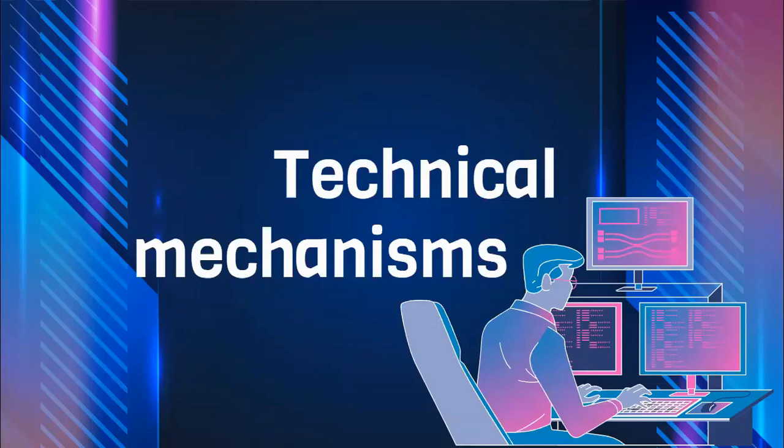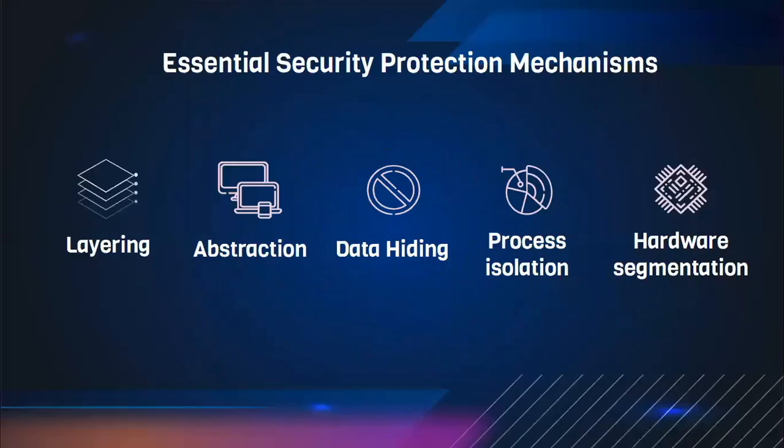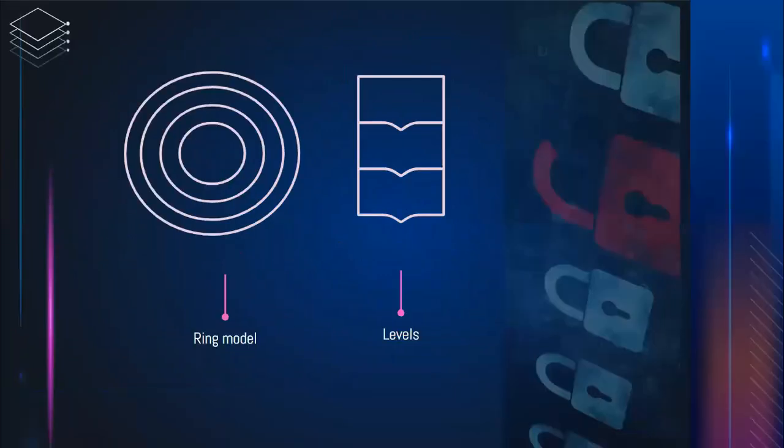There are two main areas. The first one is essential security protection mechanisms, and there are five techniques. The number one is layering. This can be presented through two ideas: a structure similar to the ring model, and the other is levels.